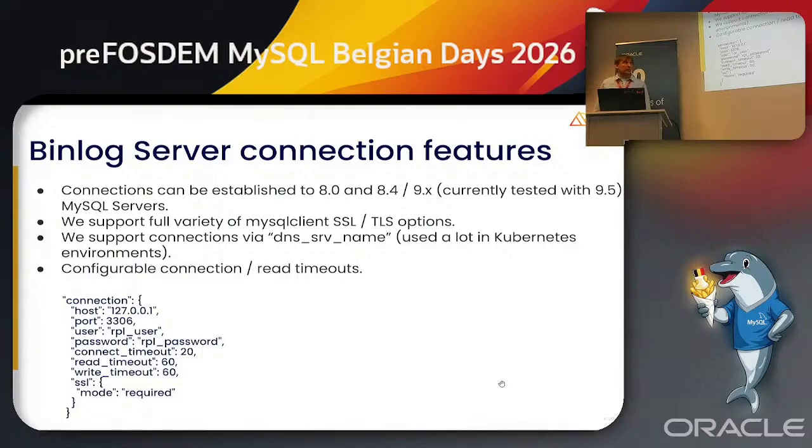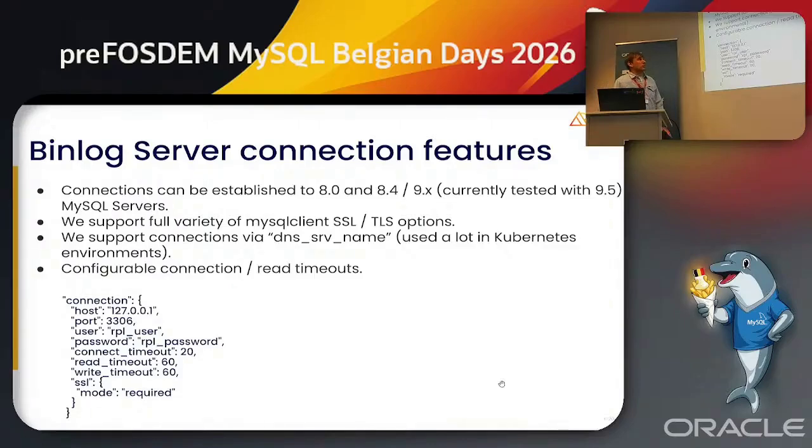Here I will go through them and alongside describe what we can do and what can be configured. So let's start with the connection section. Basically, here we describe the source of replication.